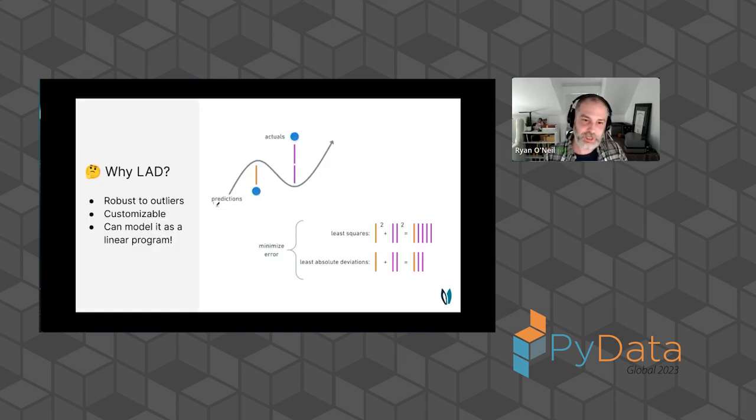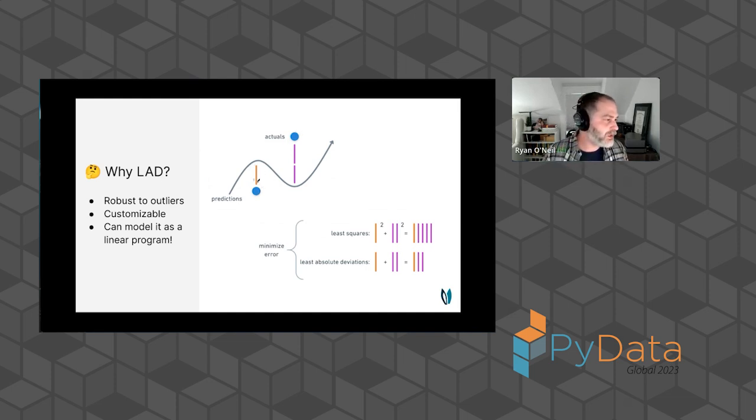So why LAD regression? There's a couple of reasons. One is that it's robust to outliers, and so it's a regression that I think is underused. And so here we have sort of a demonstration of what that means. Let's say this curve is our actual predicted, this is our fitted line, and these blue dots are our actuals.